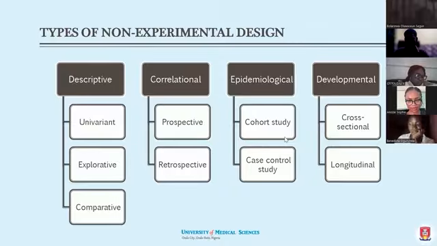Then you can have epidemiological study. You may have cohort study. Cohort study usually takes the form of a longitudinal study, in which you may have different cohorts, and you study these groups over a long period of time, and you know the trend and the outcome of the condition of that epidemic.